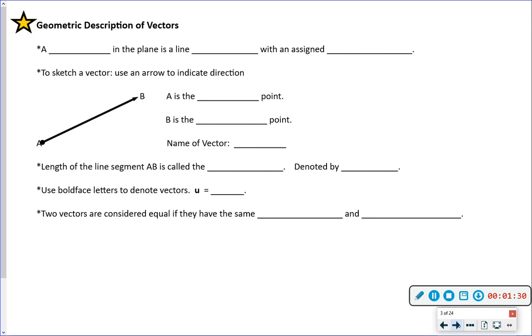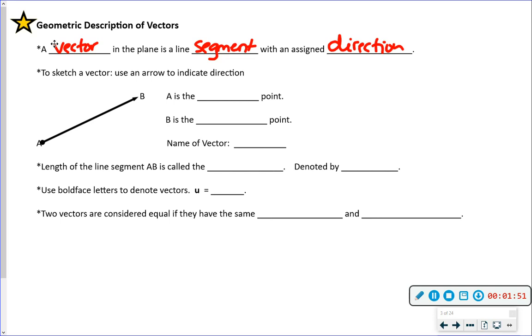A vector in the plane is a line segment with an assigned direction. And of course direction, I mean even slope, up and over. Everything has a direction when we talk about the graph grid.